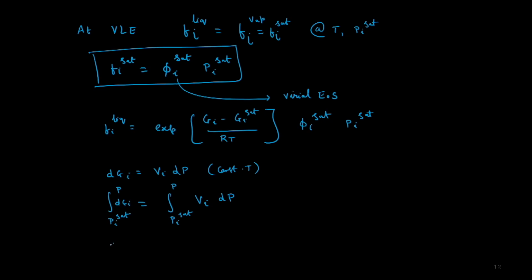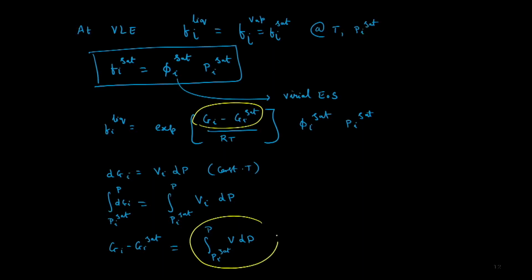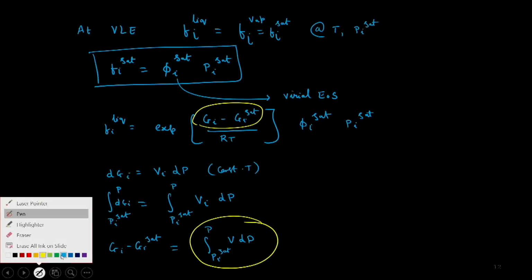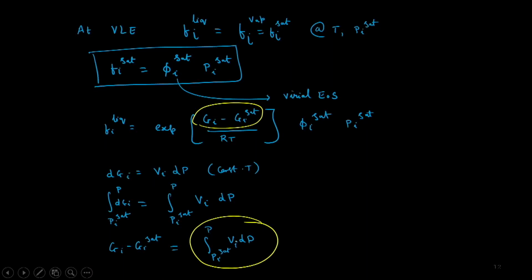When I do this, on the left hand side I have Gi minus Gi sat. On the right hand side it is integral of Pi sat to P Vi dP. So what I can do is replace this thing here in terms of Gibbs free energies with the integral of Vi dP.